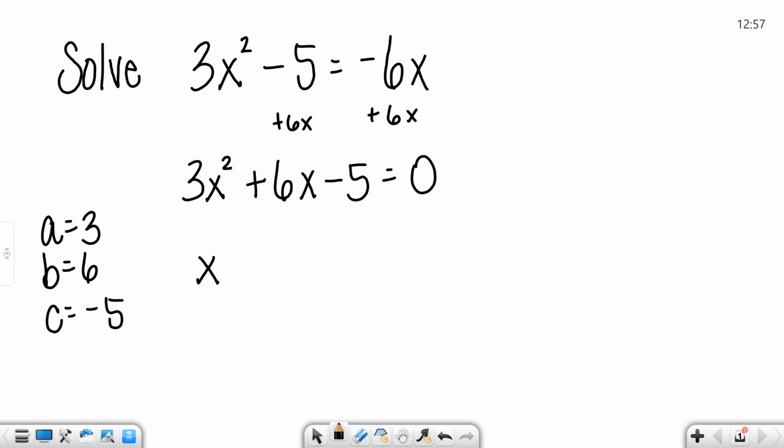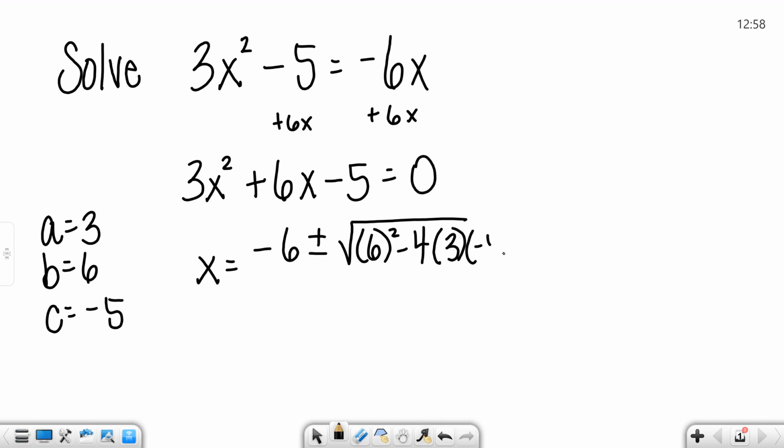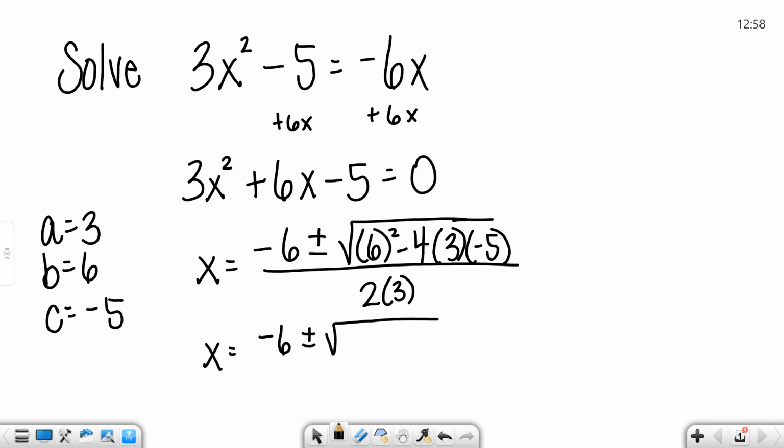All right, so let's use our quadratic formula. So negative 6 plus or minus the square root of 6 squared minus 4 times 3 times negative 5, all divided by 2 times 3. Now we're going to simplify under that radical. 6 squared gives me 36.